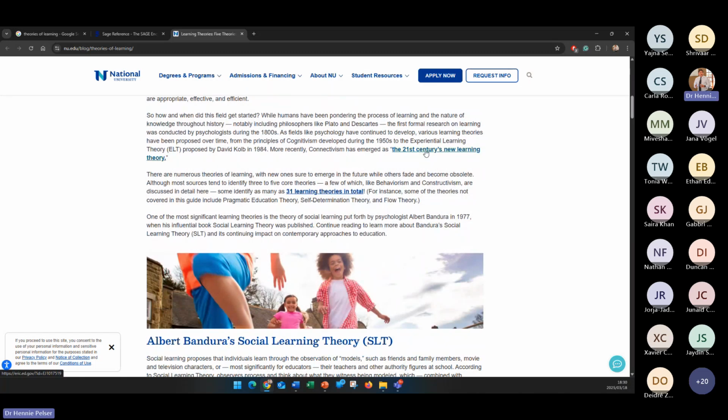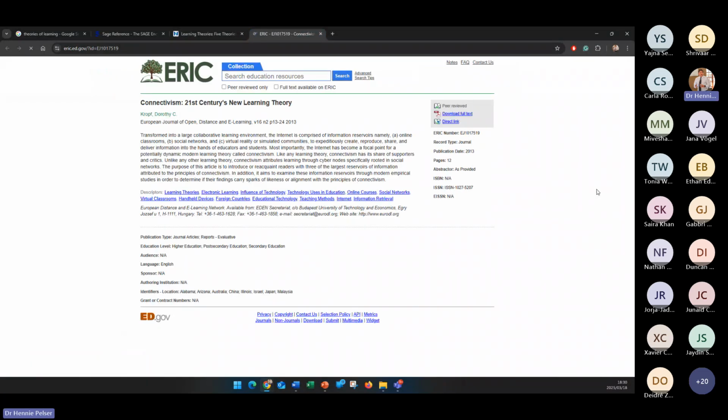Oh, I quite like this. 21st century new learning theory. No, it's not really. Pranisha, have a look at this one. Comment on that one, Pranisha?